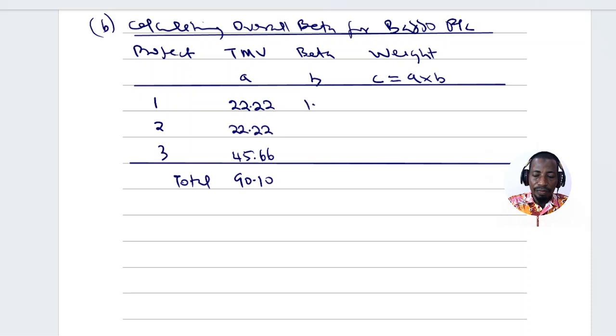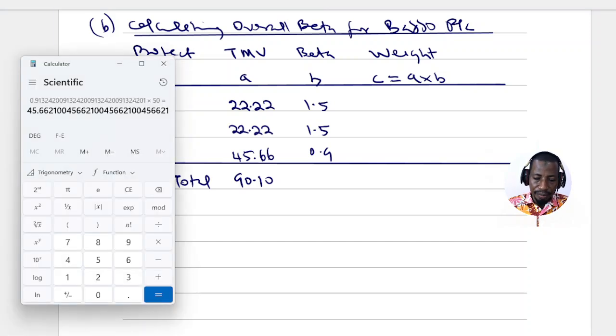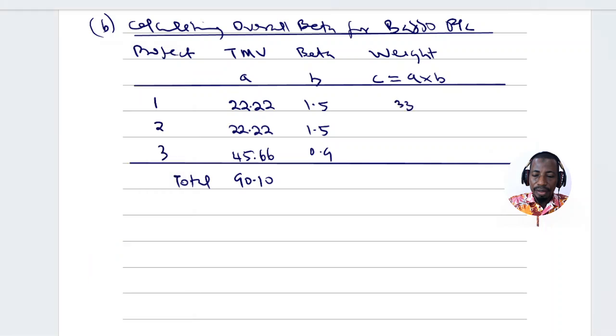Here is 1.5, 1.5, then 0.9. So I need to get the total weights. Okay, so 22.22 multiplied by 1.5 equals 33.33.